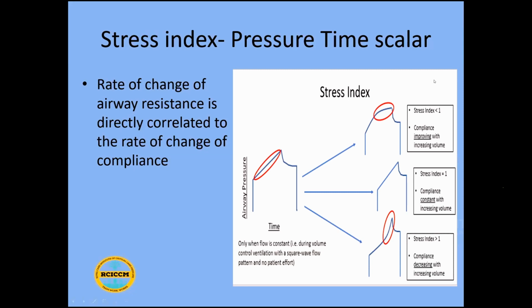So if you look at these three curves, the one with a stress index of 1 in the middle, where the compliance is normal with the increasing volume, is a normal picture.